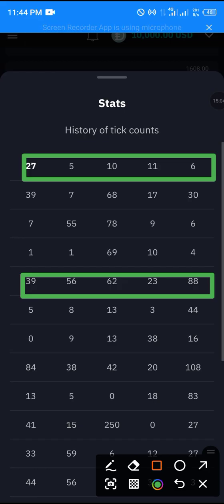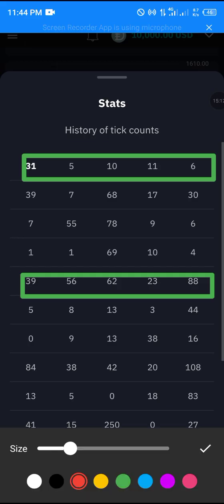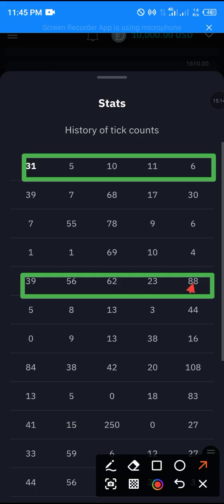Let me be showing. This is 88, and this is 6. You can't use this 88 to compare to 6. This is 23, this is 11. You can't use this 23 to compare to 11. This is 62 and this is 10. This is 56 and this is 5.